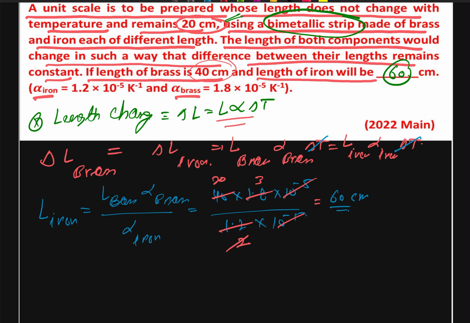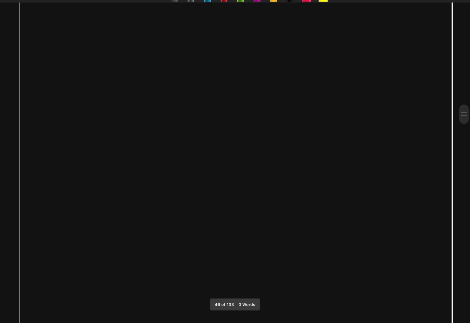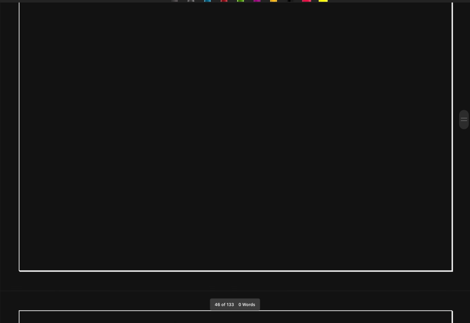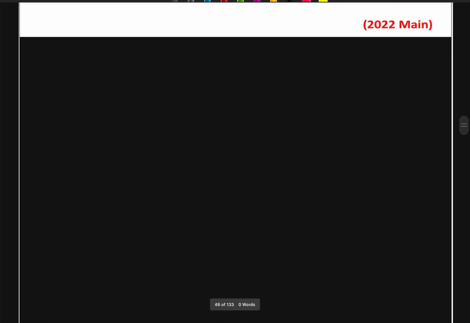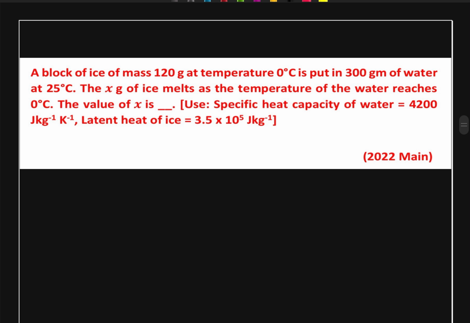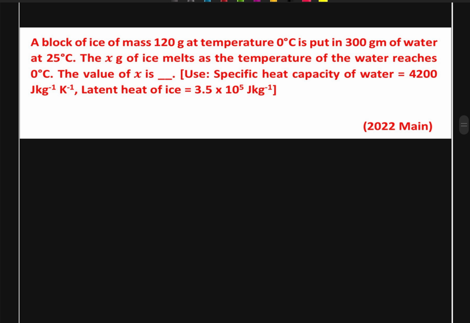Okay, next question states that a block of ice of mass 120 gram at temperature 0 degree centigrade is put in 300 gram of water at 25 degree centigrade. The x gram of ice melts as the temperature of the water reaches 0 degree centigrade.